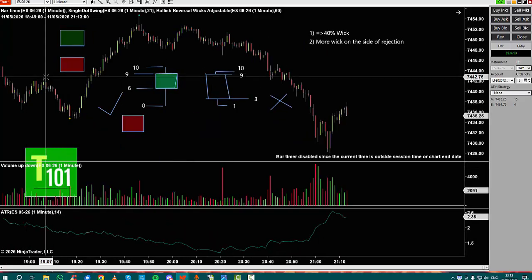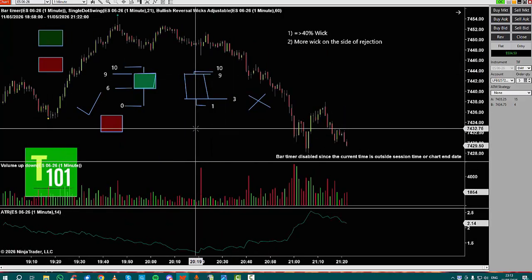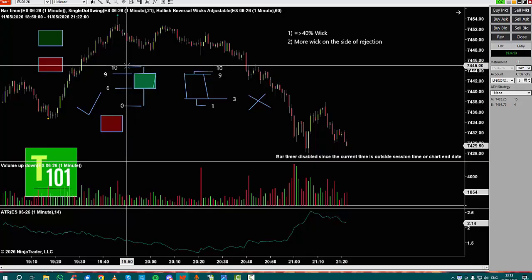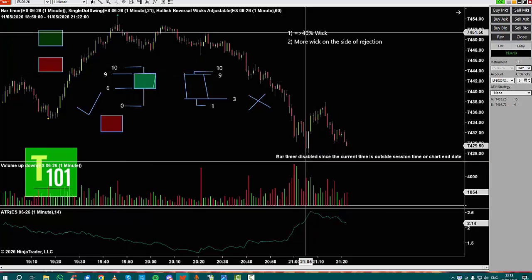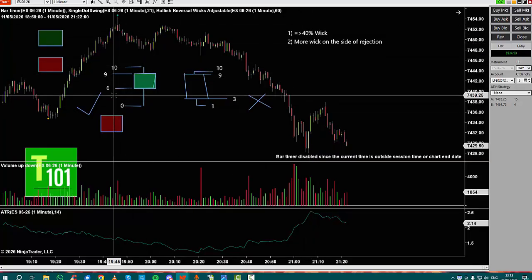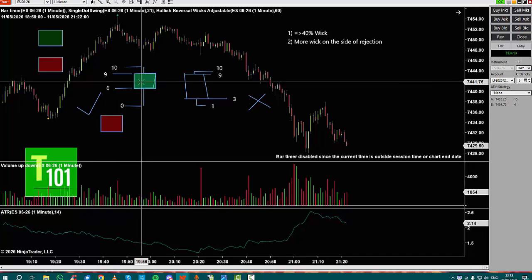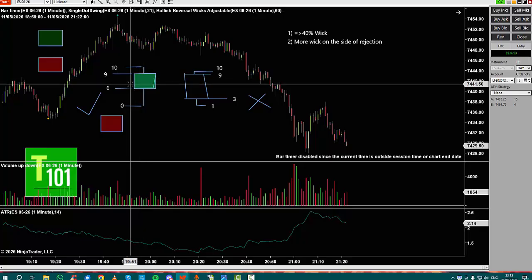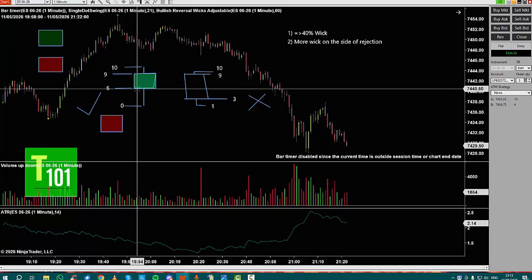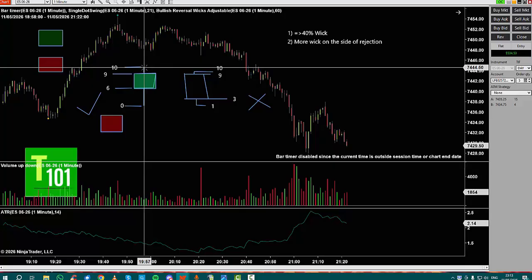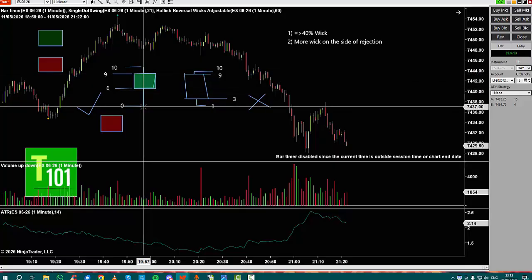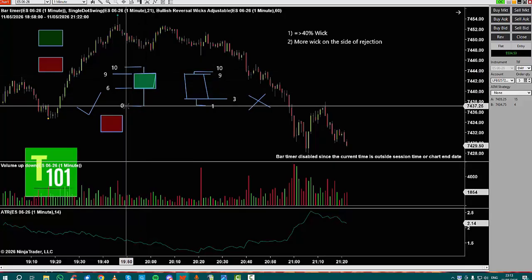They don't all work, and that's why you need higher time frame confirmation. So let's go through some examples using these two criteria. I've also colored the body, because some people may make the mistake of thinking this is a bullish reversal candlestick. Why? Because we've got 1 tick here of wick and 6 ticks here, which is 7 out of 10 from 0 to 10.